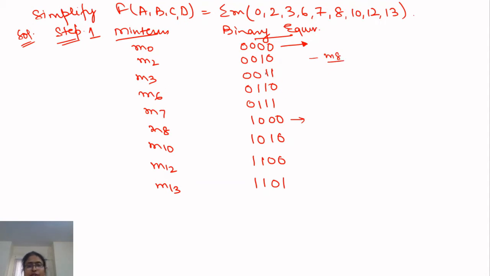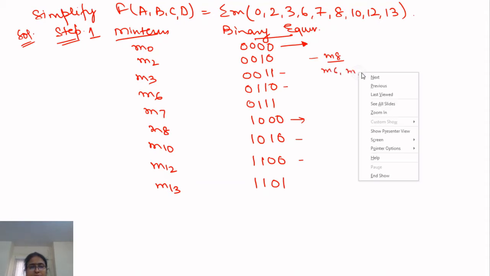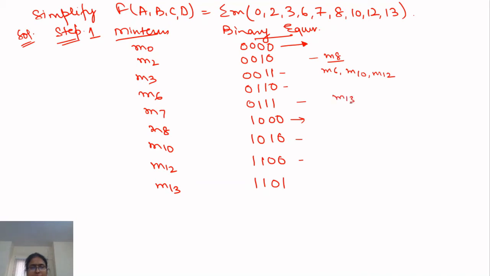For the two ones: M3, M6, M10 and M12. They form the third group with two ones. Then M7 is the fourth group with three ones, M7 and M13.